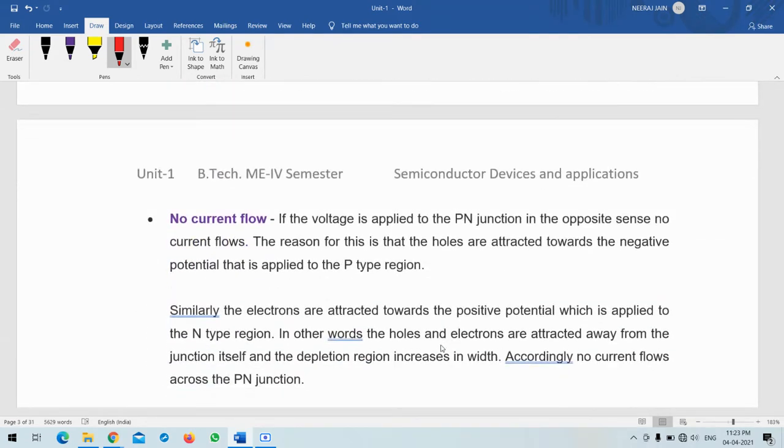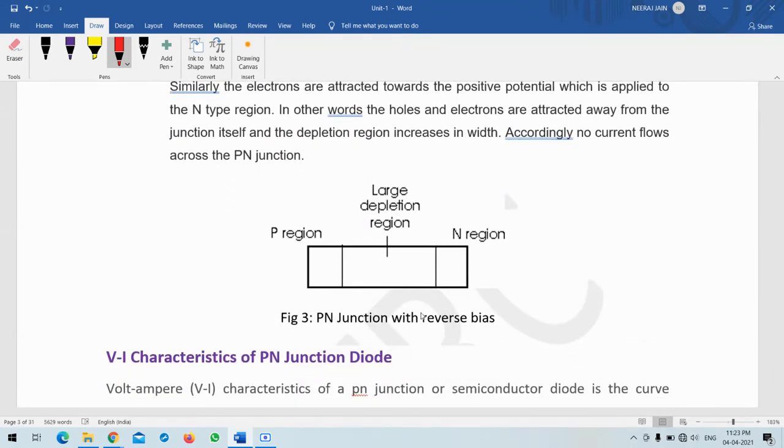Now we take the case when we connect the reverse bias. If we connect the P and N junction in reverse bias, then a large depletion region will be created. Now what is the reason for creating this depletion region?